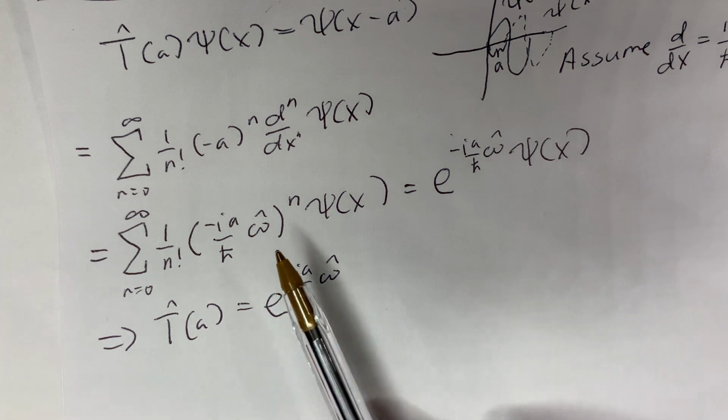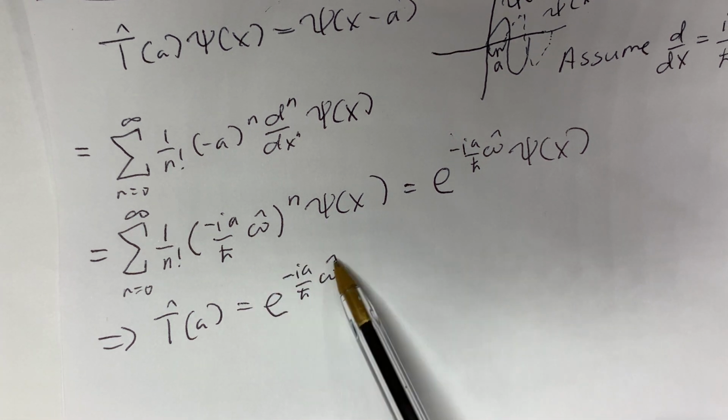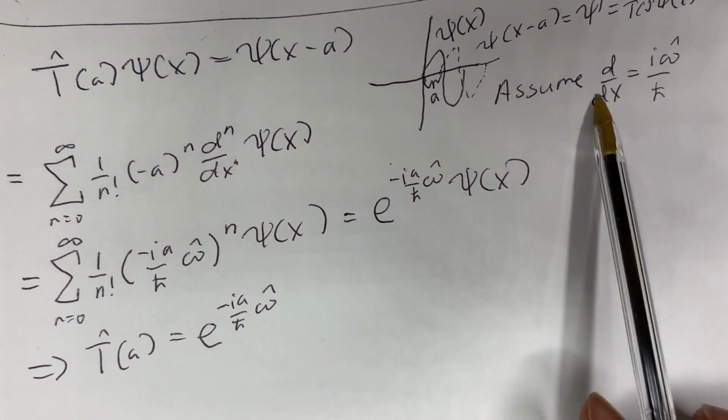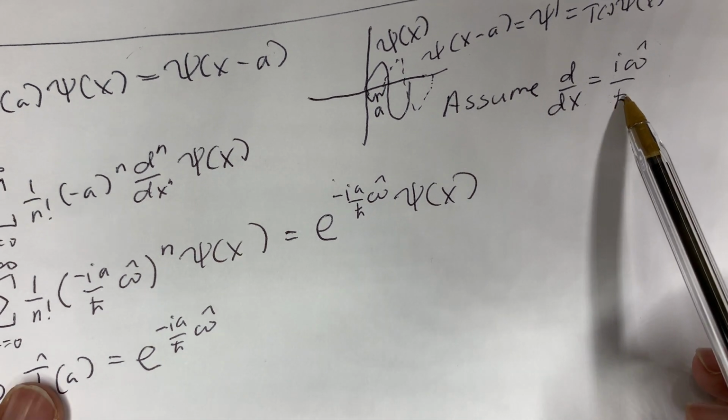Now, we've yet to actually specify what this omega is. We can find out what omega is from the derivative. So d over dx is i omega over h bar.